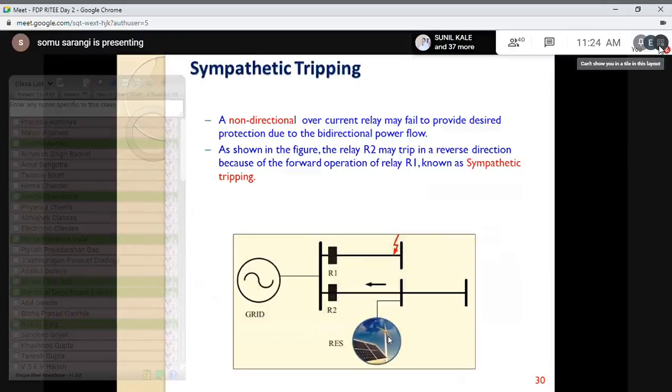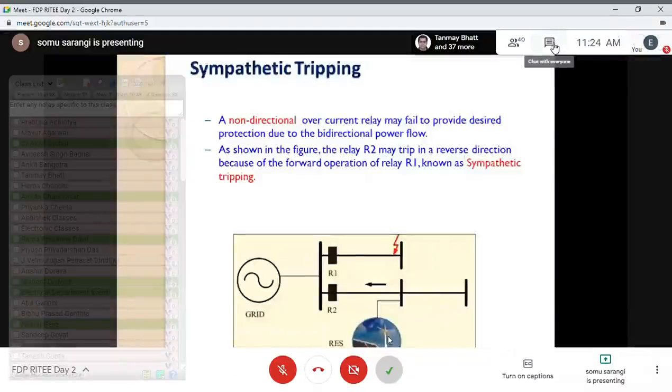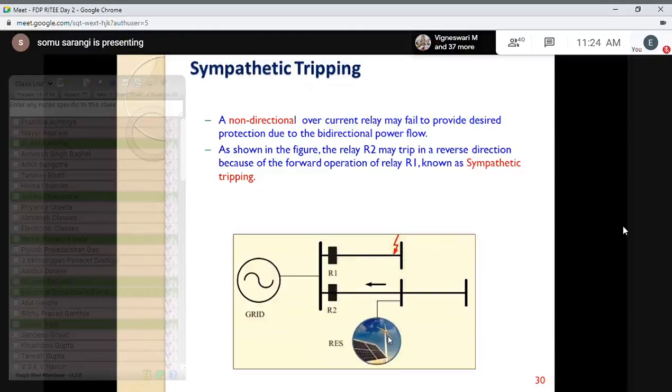The second case is called sympathetic tripping. If you observe in the diagram, the fault is occurring in the upper line, which must be cleared by relay R1. If it is cleared by relay R1, then we say the selectivity is maintained.